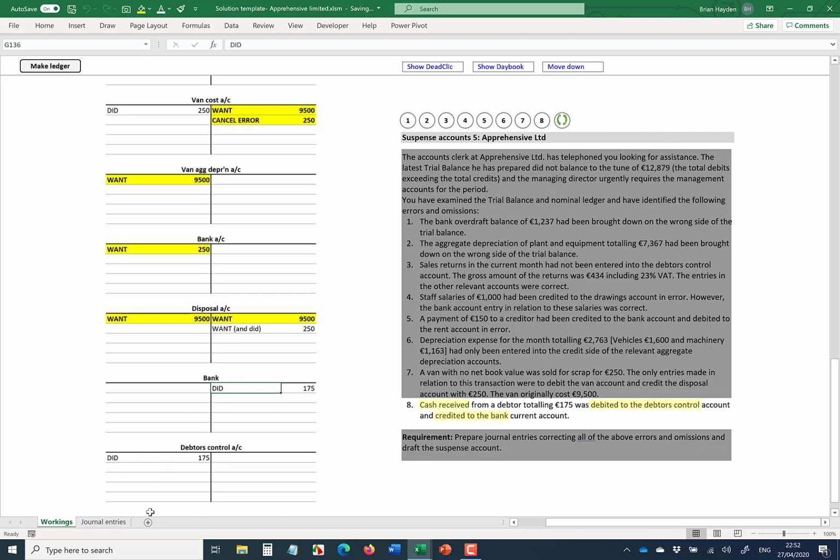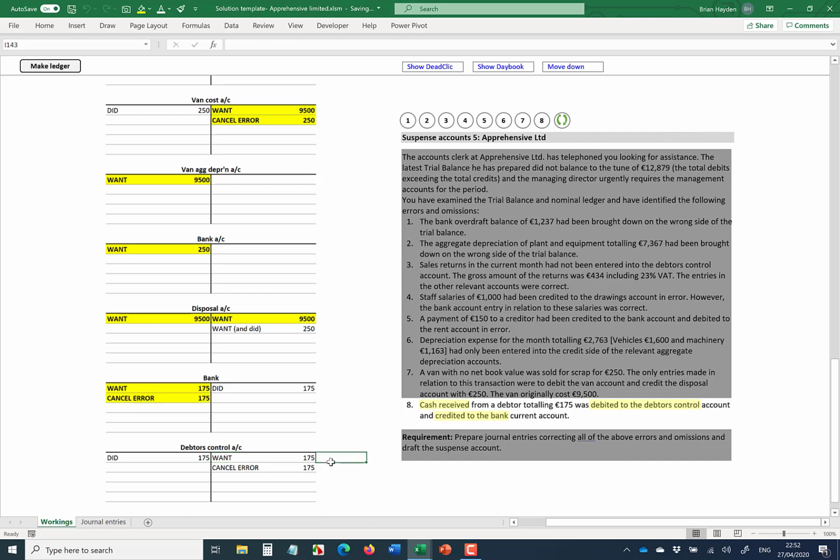Now, however, if you are aware of the correct posting, you should know that those are exactly the opposite of what was required. If you receive money into the bank account, you debit the bank account. So we'll have to cancel that mistake there, and in this instance, you would credit the debtors control account.